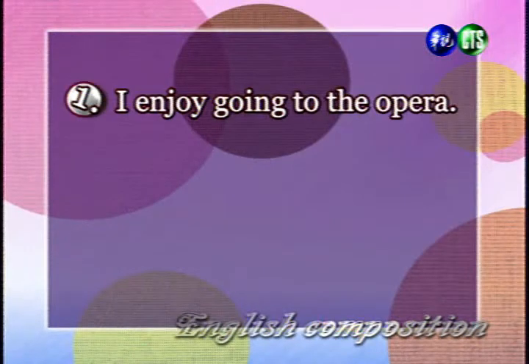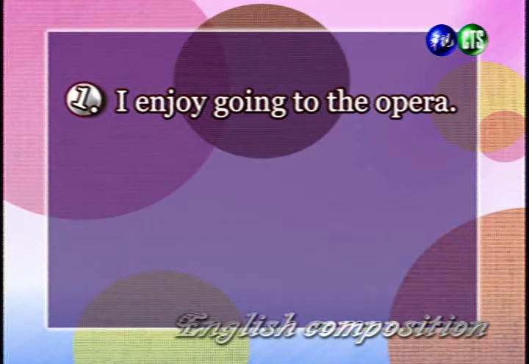Right, now let's observe how the following sentence totally changes in meaning when we add time expressions to the sentence. Right, our first sentence is, I enjoy going to the opera.